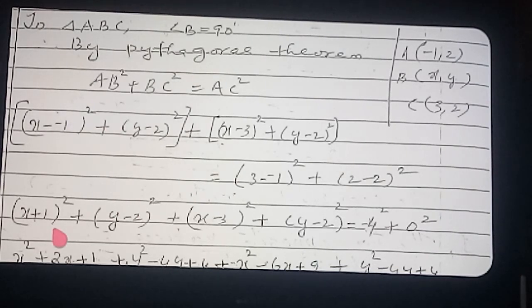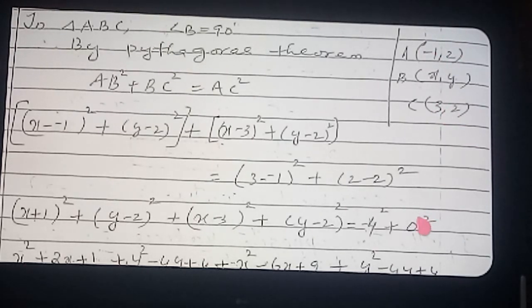AB square, taking A and B: (x minus 1) the whole square plus (y minus 2) the whole square. Then BC square: (3 minus x) the whole square, or (x minus 3) the whole square, plus (y minus 2) the whole square, is equal to AC square: (3 minus 1) the whole square plus (2 minus 2) the whole square.